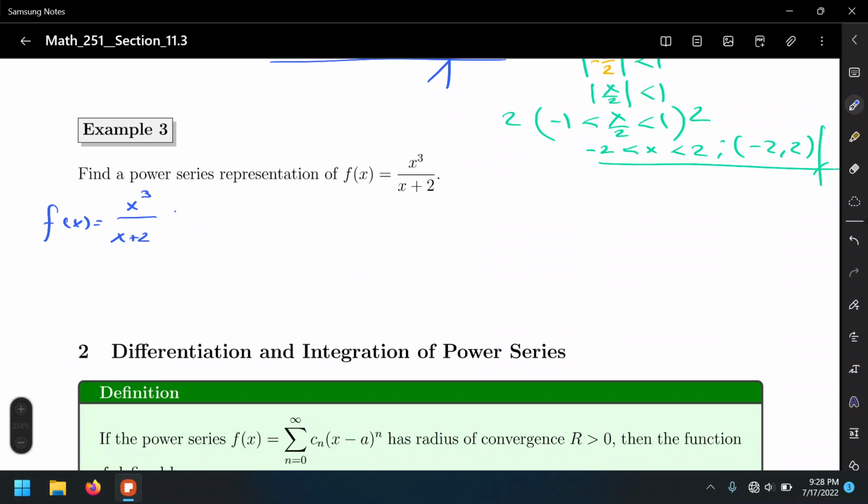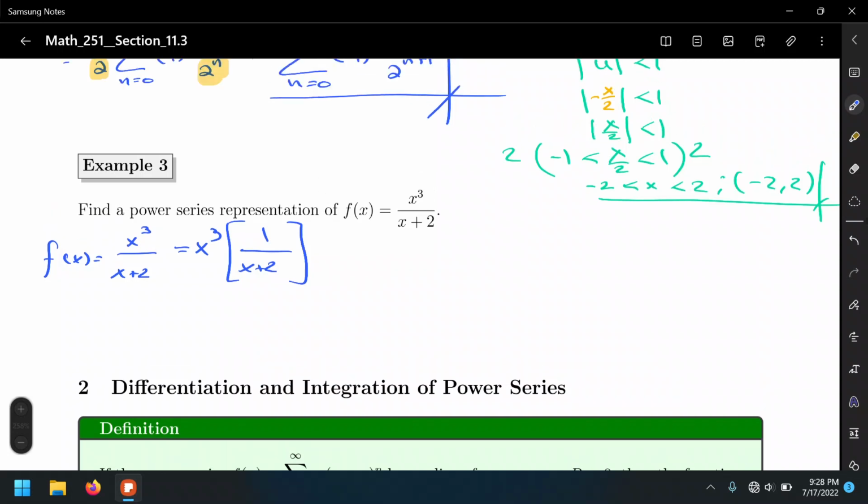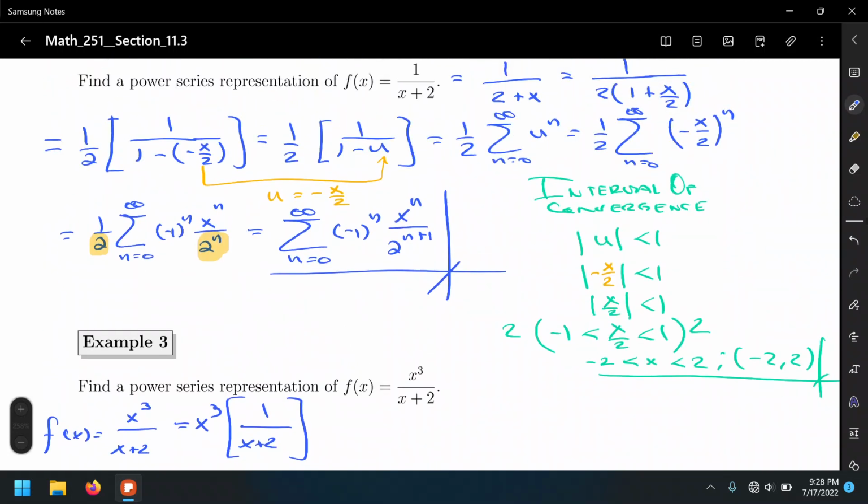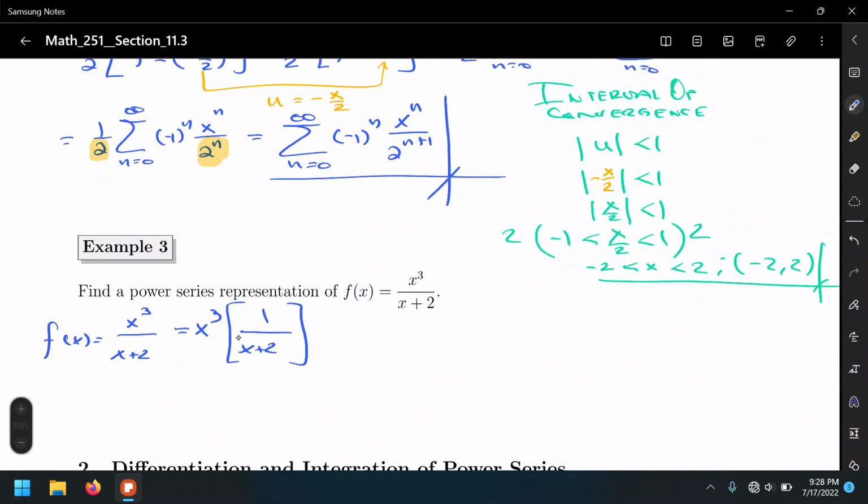We already have a series for 1 over x plus 2, so we can multiply the x cubed outside, and instead of going through the entire process, we can just use our result from the previous part.